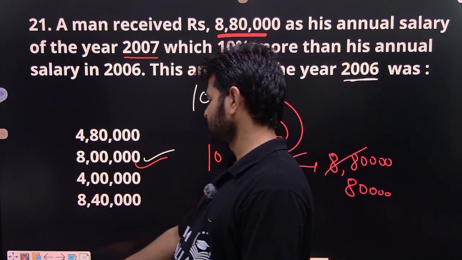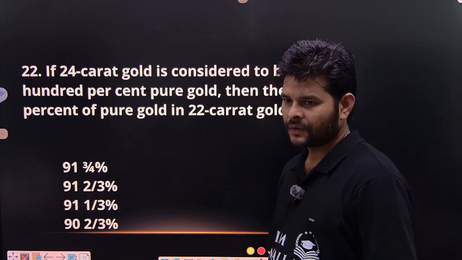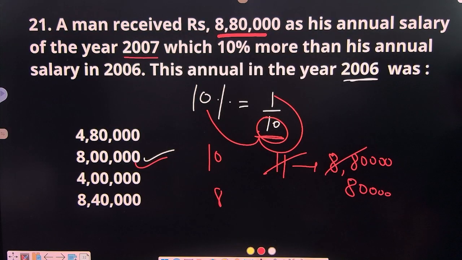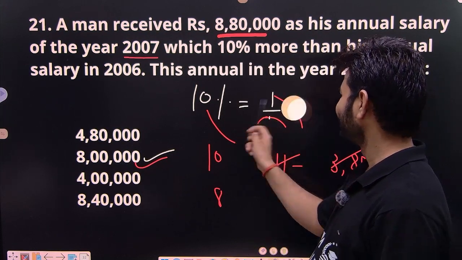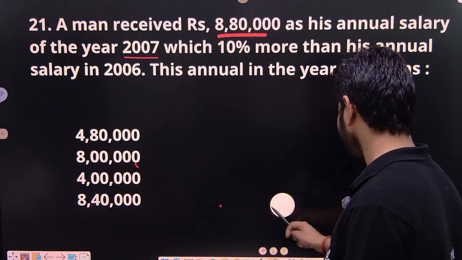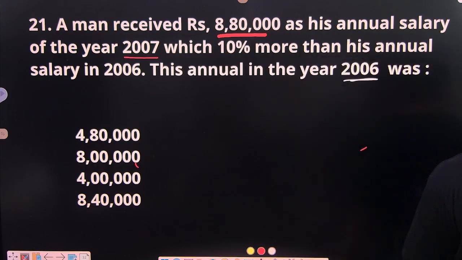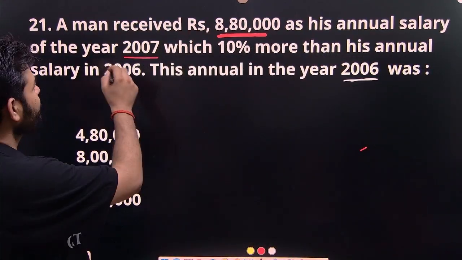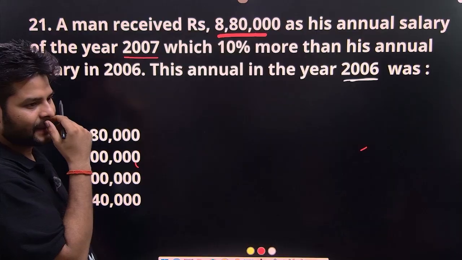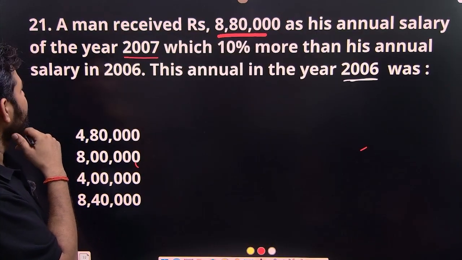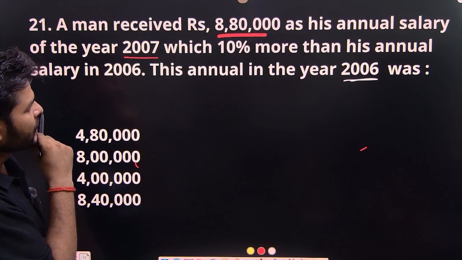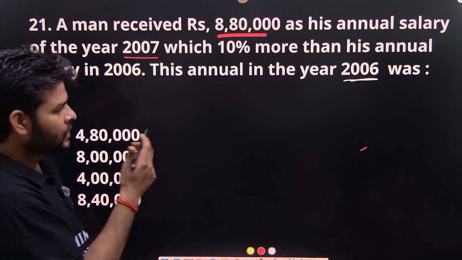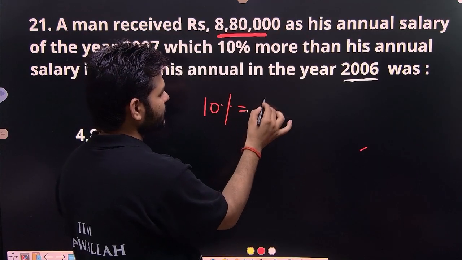Do one more. I think I lost my voice in that question. I'm sorry, let me explain in a very fast manner. Guys, sorry. Basically, the question is saying a man received 8,80,000 as his annual salary in 2007, which is 10% more than his salary in 2006. So 10% will represent 1 upon 10.